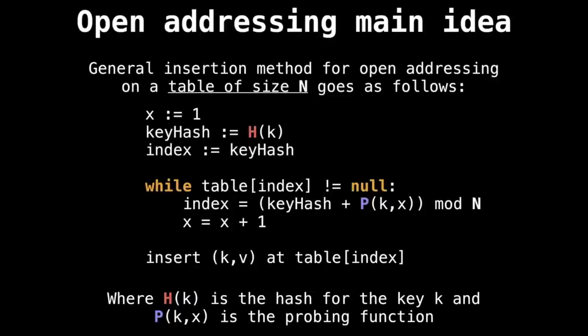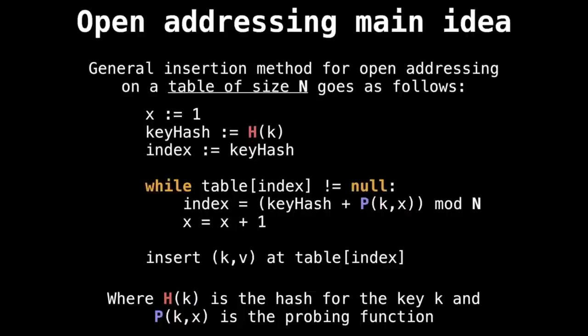And while the table at the index is not equal to null, meaning that position is already occupied, we're going to offset the index by the key hash plus the probing function mod n. And every time we do this, we increment the variable x so that our probing function pushes us along one extra position.